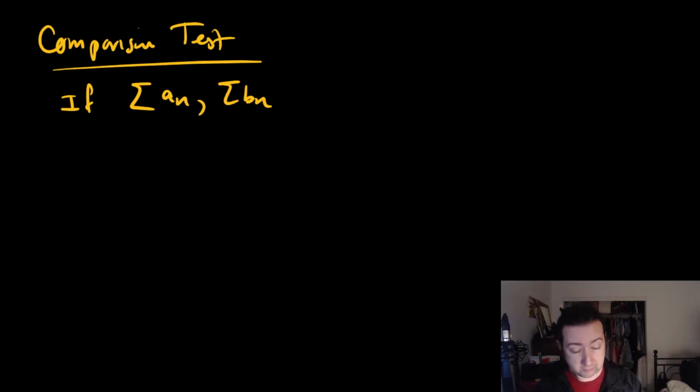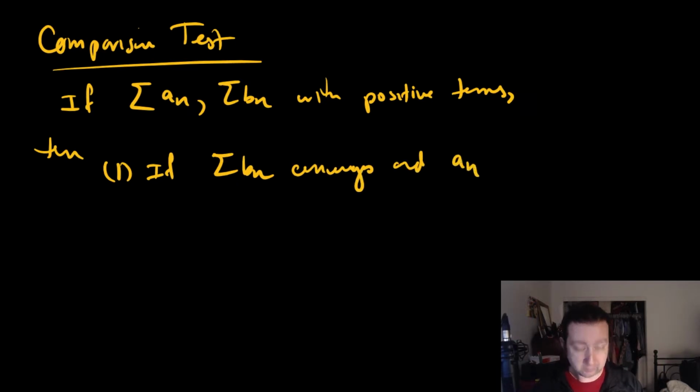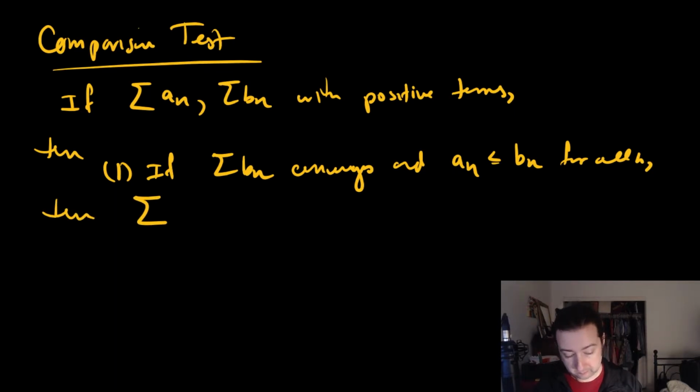So if you have two series with positive terms, then one, if you have a convergent series, so say the b n's converge, and the terms of the other series are smaller than that, then this series also converges.